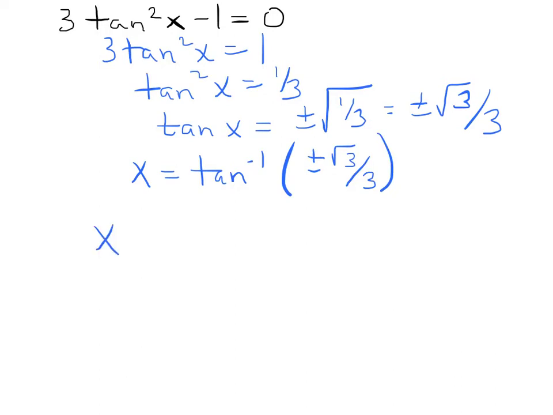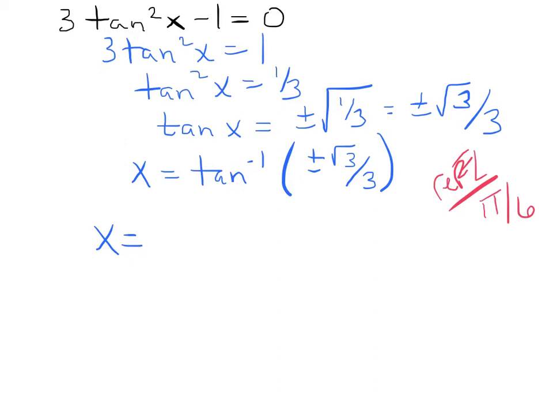Again, we have to think about which family of angles that is going to put us in for our reference angle. The square root of 3 over 3 with the tangent is going to put us at a reference angle of pi over 6. And since I have plus or minus, I'm going to end up with all of those angles in that first rotation that have that value.